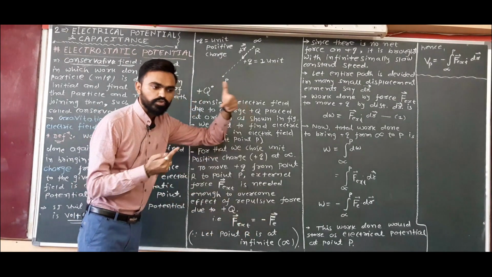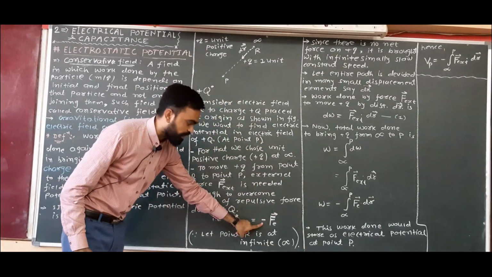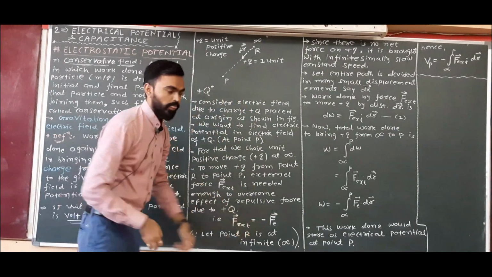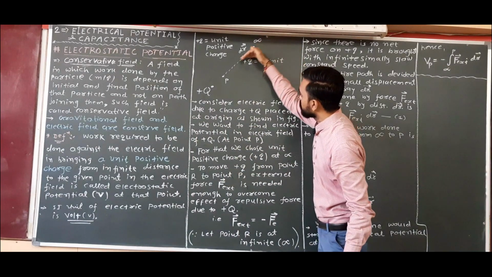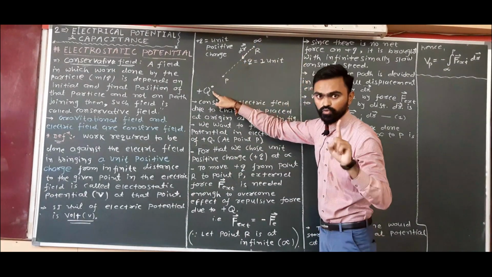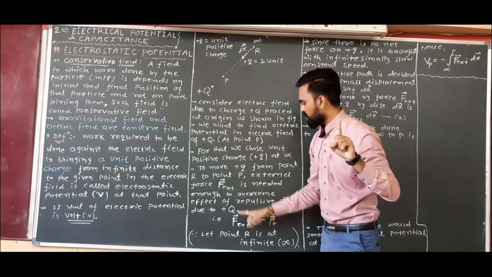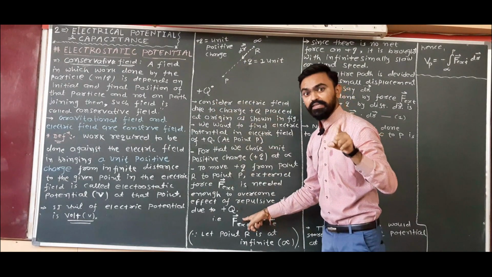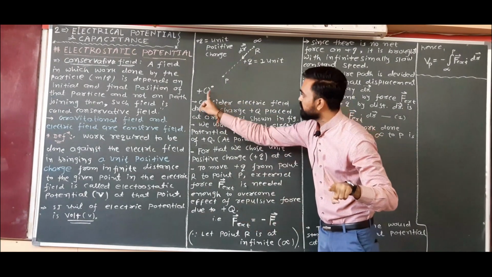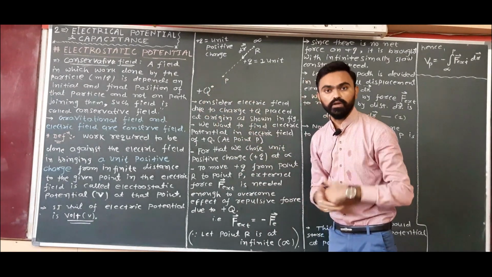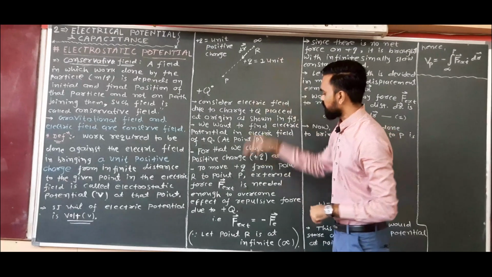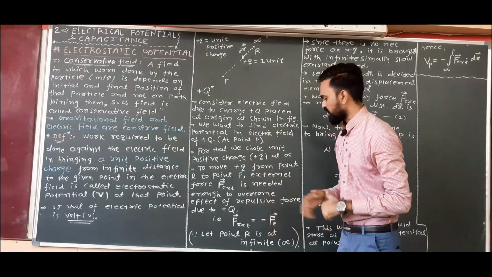Since both the forces are in opposite directions, we use a negative sign over here. Again, you use F external force to bring the q to a point P closer to the source charge, but only as much as the repulsive electrical force this charge is giving. So here F external is equal to minus Fe.